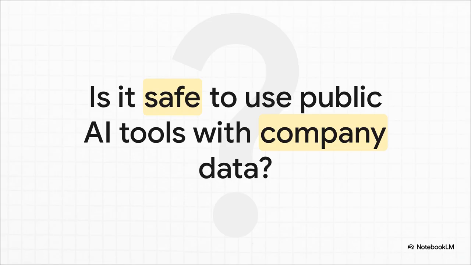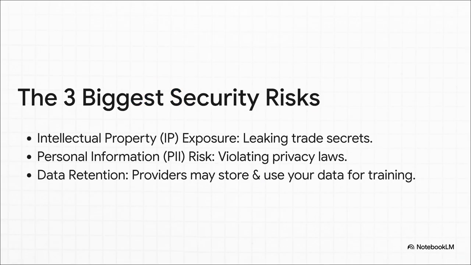And the short answer is, you have to be extremely careful. You're looking at three major landmines here. First, you could accidentally leak your company's secret sauce, its intellectual property. Second, you could expose sensitive customer data, which is a huge privacy violation. And third, the AI company itself might save your data and use it to train its models. You definitely don't want that.